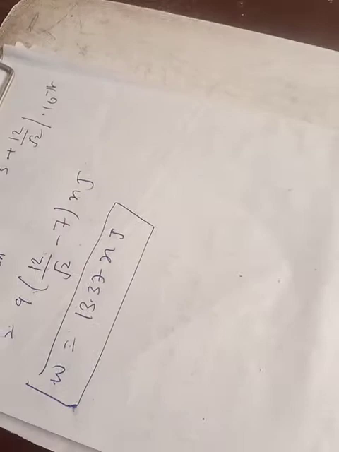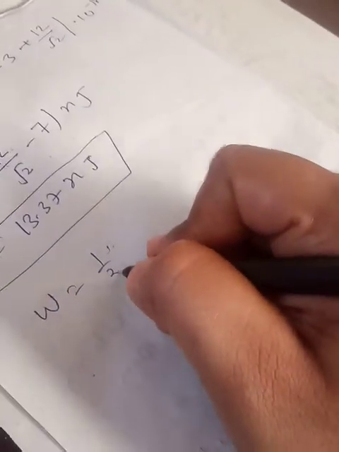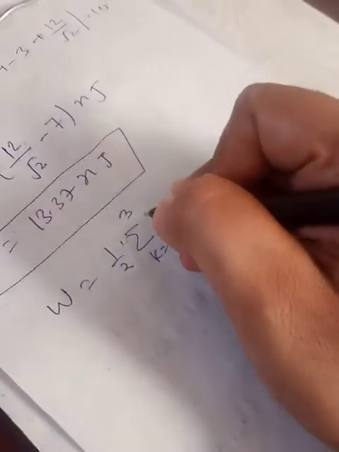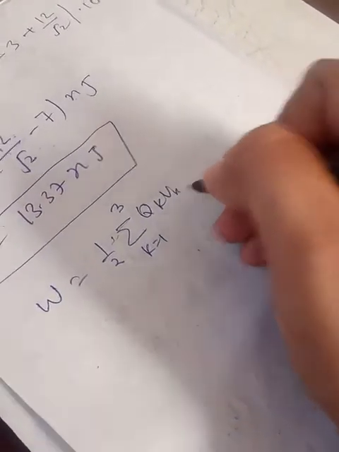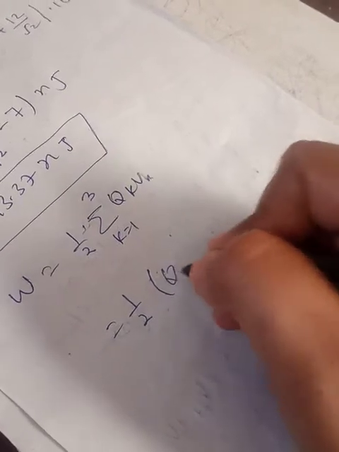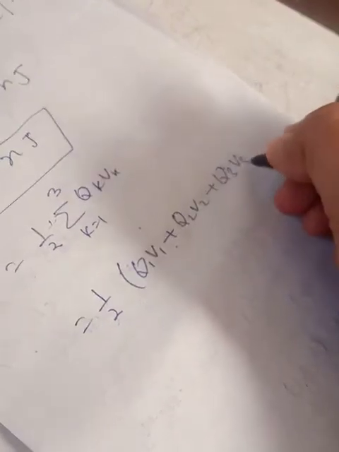Now there is one more way by which you can solve the same question, an alternative method actually. As we know, W can be written as 1 by 2 summation over K from 1 to 3, so it is 1 by 2 times Q1 V1 plus Q2 V2 plus Q3 V3.